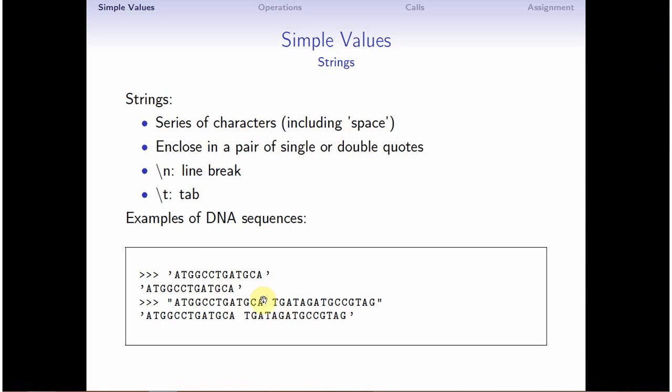If there's a space, make sure you include the space. \n represents a line break, which carries on to the next line, and \t means tab. Here are examples of DNA sequences. As this is scripting in bioinformatics, most of our examples will be working on DNA sequences.